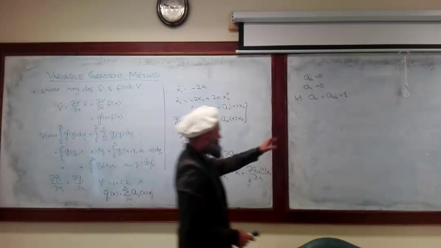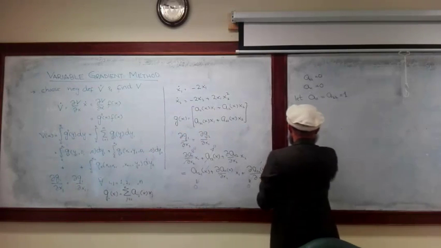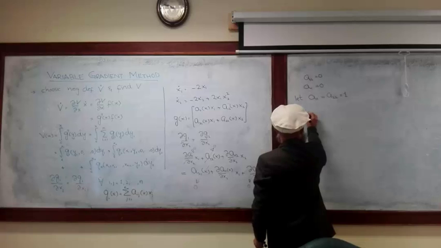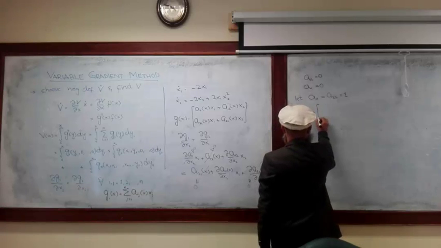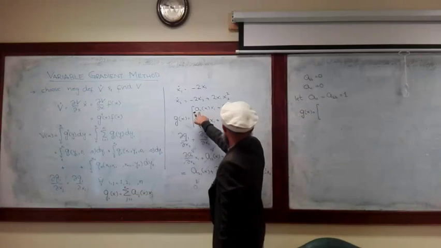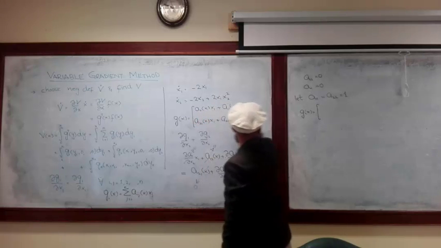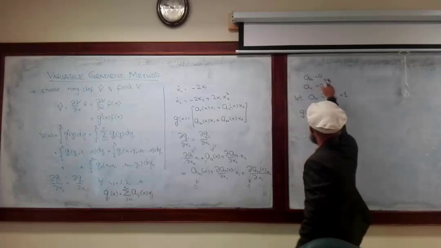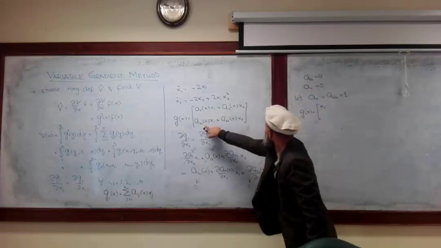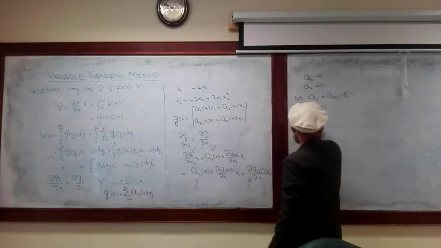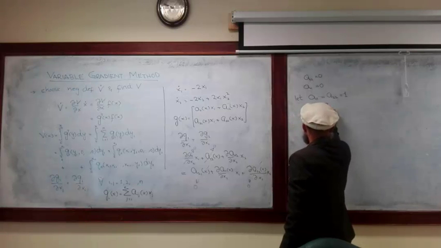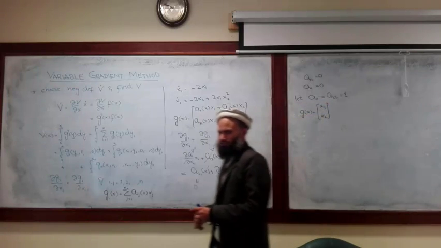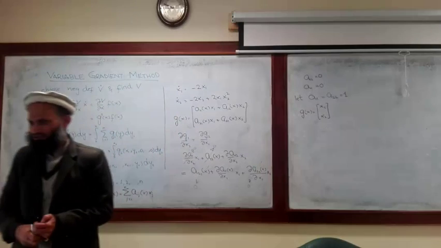That is, we have selected g of x equal to a11 equal to 1 in x1, a12 0, so a21 0, a22 is this thing. We have selected the simplest possibility.